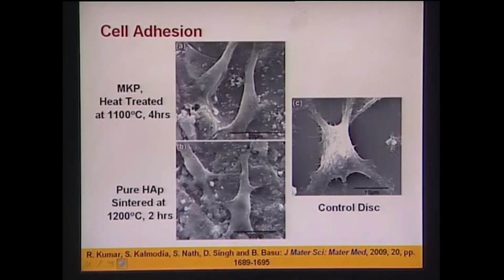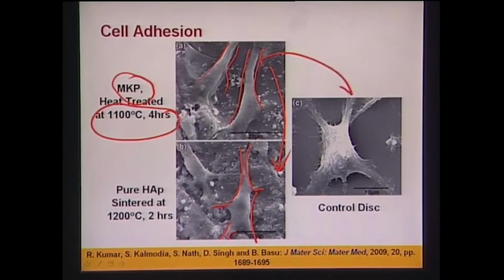Now, this cell adhesion property you are seeing here, you can clearly see this MKP, that is magnesium potassium phosphate, heat treated at 1100 degrees Celsius for 4 hours, with the L929 cells, and you can see the filopodia extension very clearly in this material. If you compare with the pure hydroxyapatite, the filopodia extension and the cell adhesion property is quite similar, very much comparable, as with the control disc.